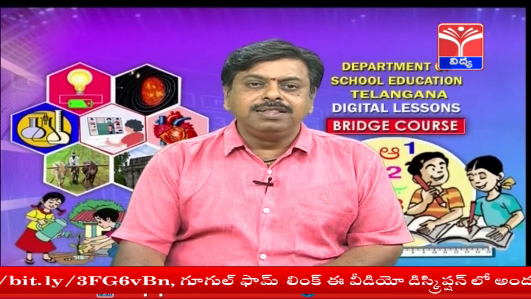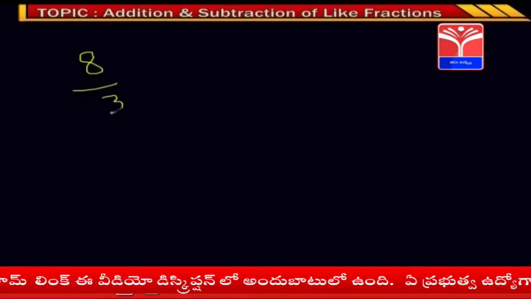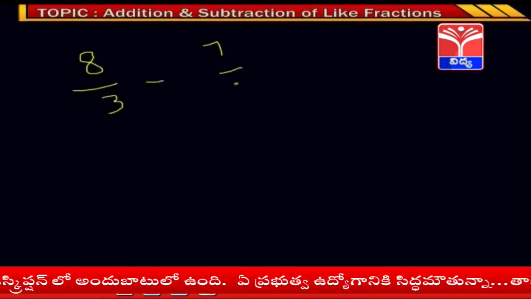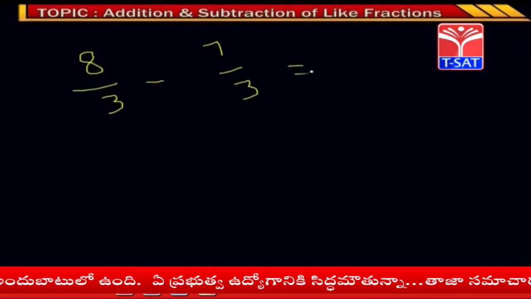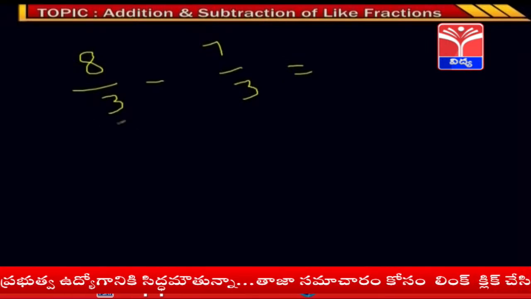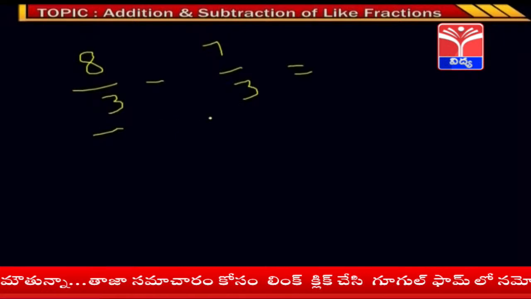Then when we are going to subtract two like fractions, see on the screen, 8/3 minus 7/3. That means we are subtracting like fractions. Like fractions means these have the same denominators, 3 and 3.